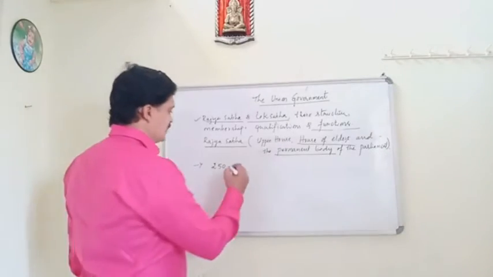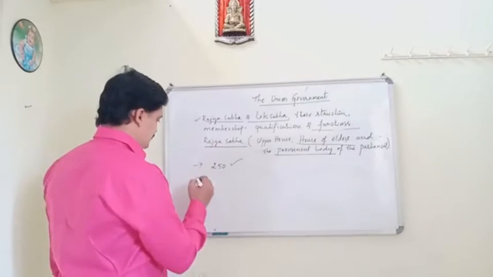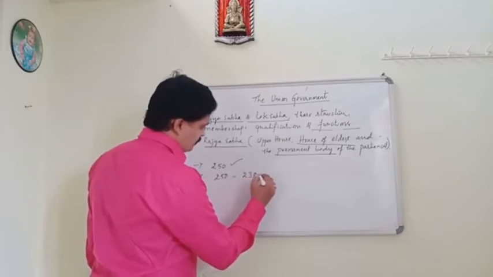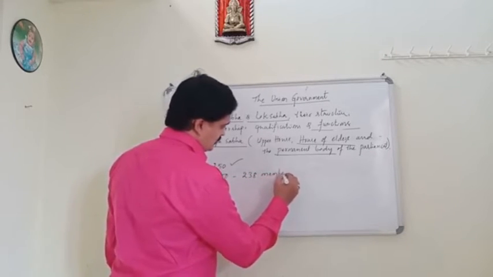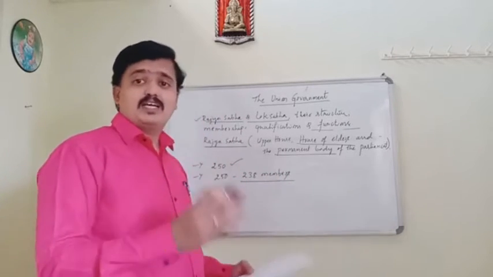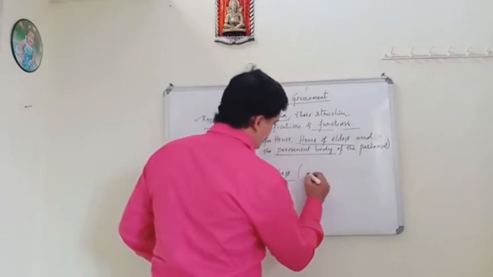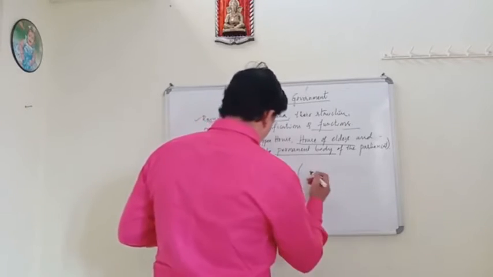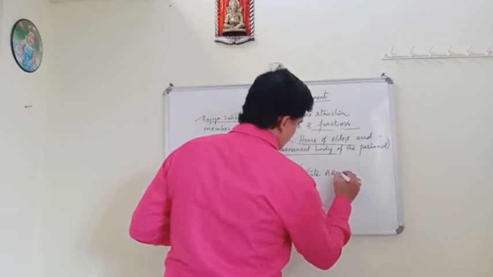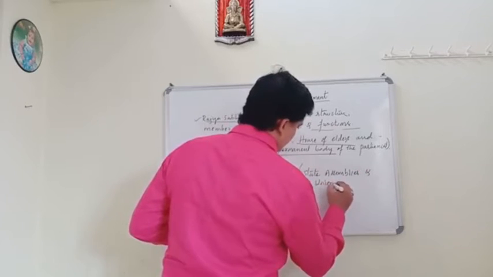How many members? 250. Among these 250, 238 members are elected by the state assemblies and the union territories.